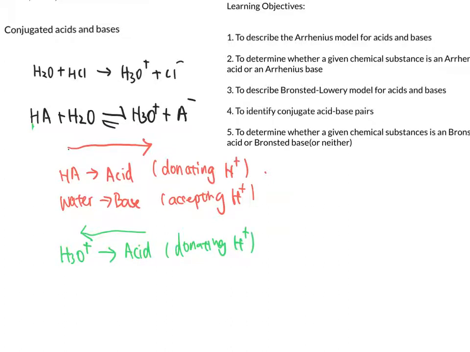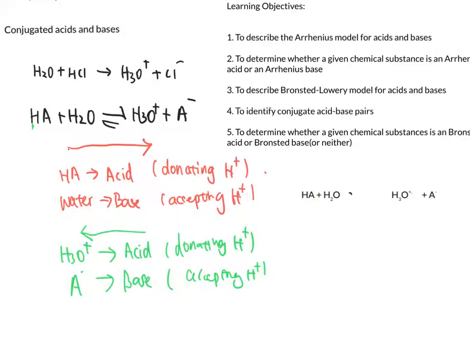The A minus ion is a base because it is accepting a proton from the H3O plus. The reversible reaction contains two acids and two bases. We think of them in pairs, called conjugate pairs.